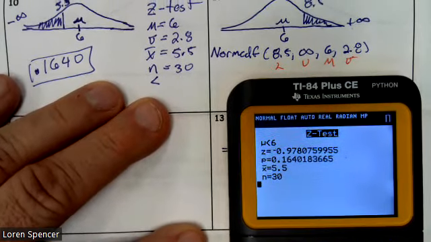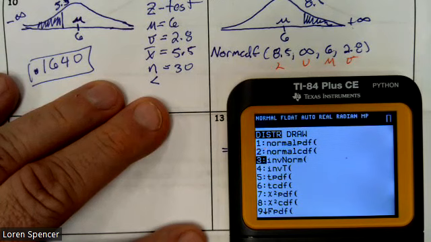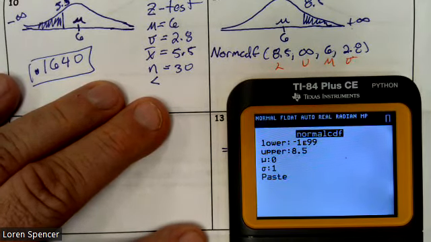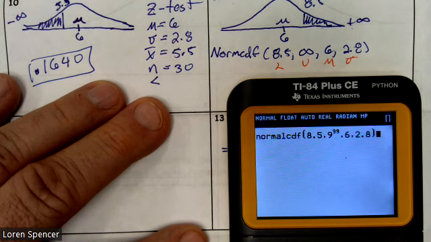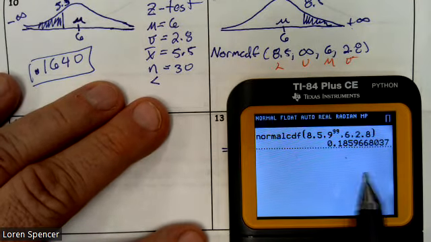When I go to the calculator, second vars, NormCDF, 8.5. Oops, lower is 8.5 because that's the lowest part of my shading. Then we're going to infinity, which is 9 raised to the 99th power. Our mean was 6, and our standard deviation is 2.8. And we end up getting 0.1859.